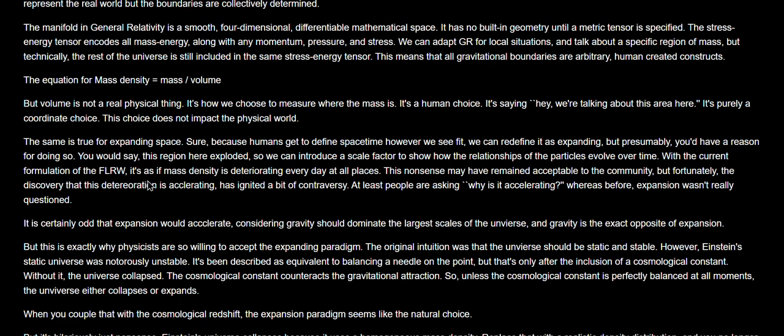We have a good thing now. This works perfectly. They're still like that, but at least after the dark energy controversy, everybody's saying, why is it accelerating? Because that really doesn't make sense. Accelerating expansion is stupid. Before that, expansion really wasn't questioned.